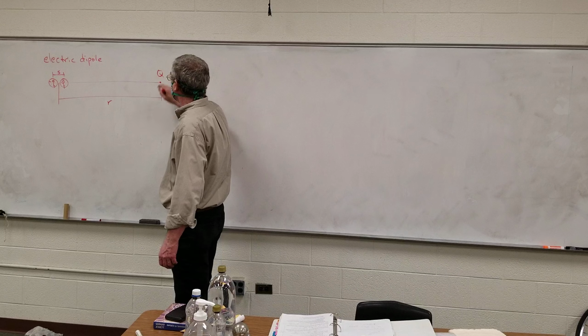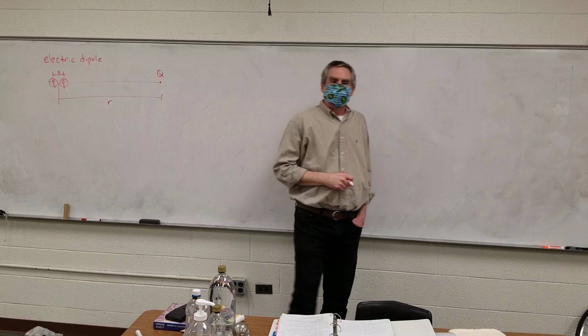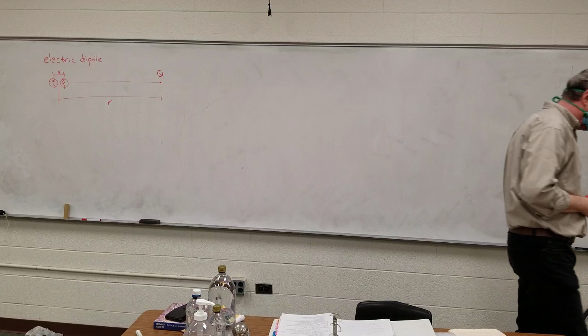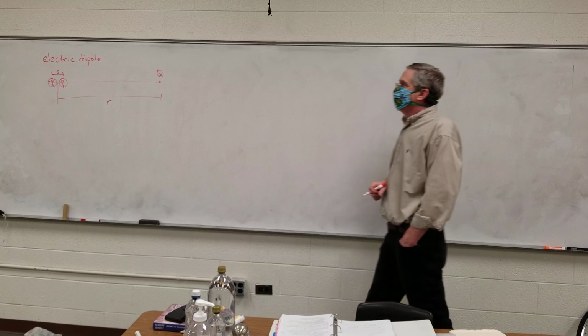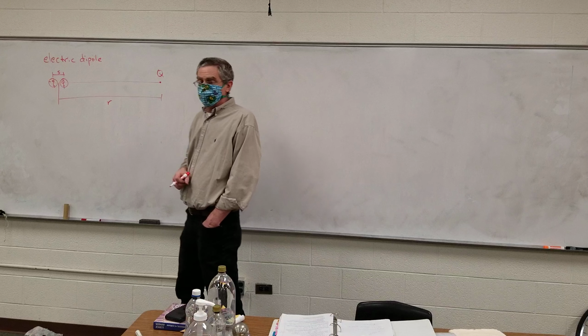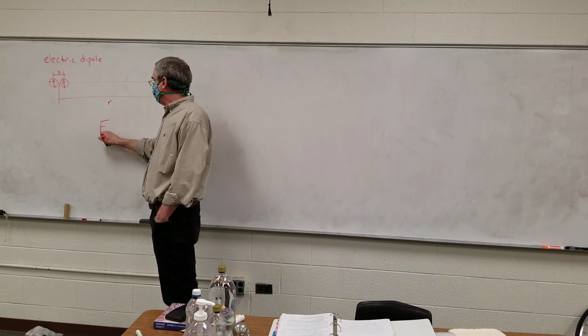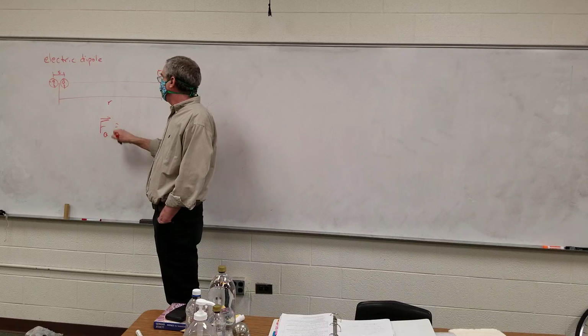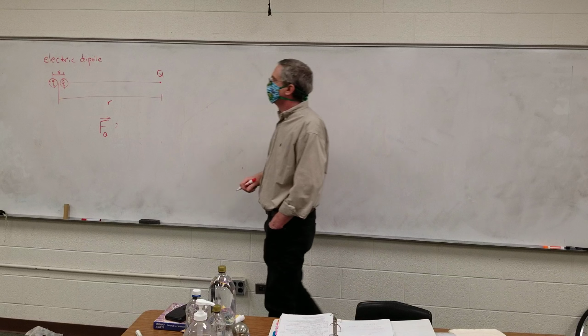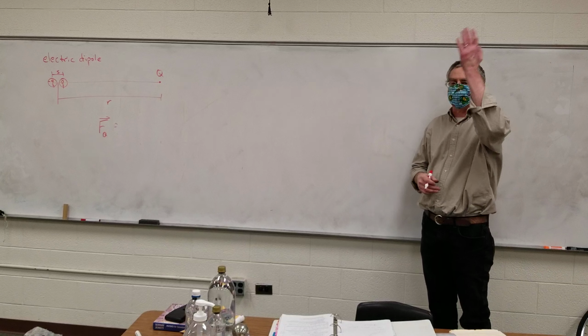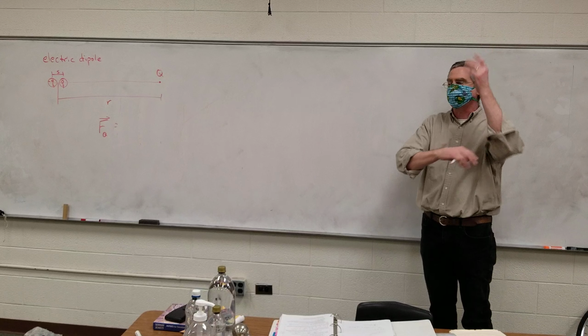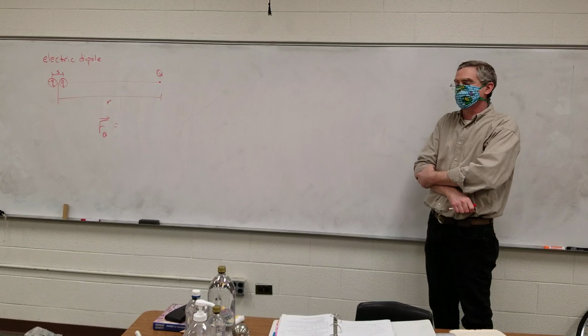And we have some charge Q here. So the question is, what's the force on Q? The other classic example of this, we have it all in the same line, or I could put Q perpendicular to the line that connects little q and negative little q.